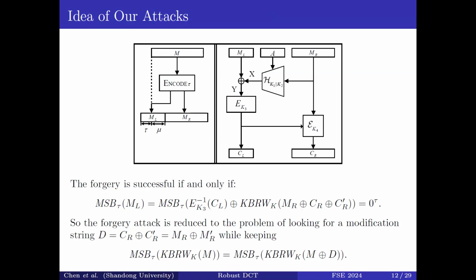So it's a forgery attack. After we modify CR, the forgery is successful if and only if the most significant top bits of the ML are all zeros.